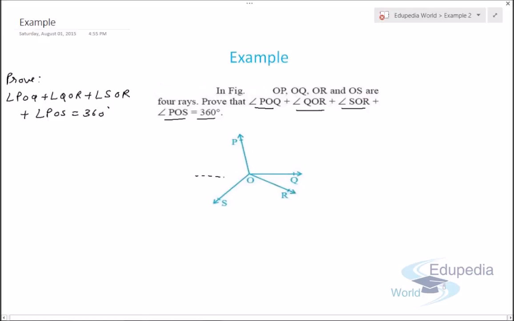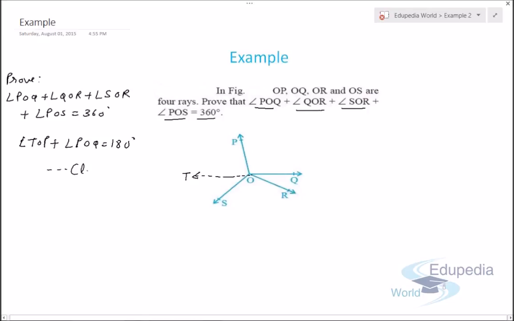We need to draw a line, an artificial or manual line. Represent this point as T. Now we can write angle TOP plus angle POQ equals 180 degrees.